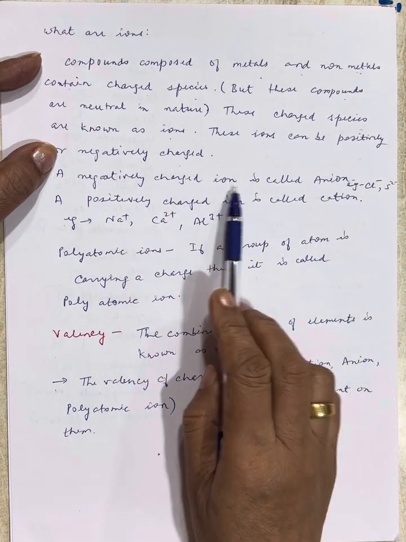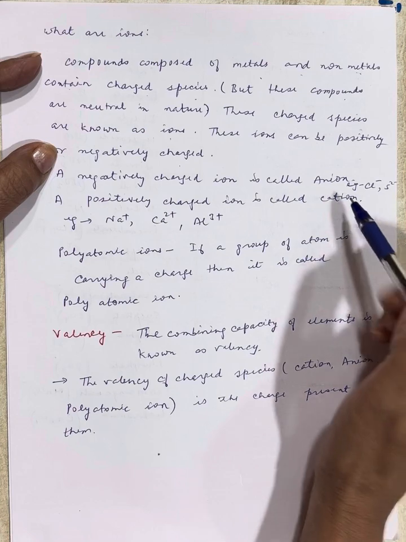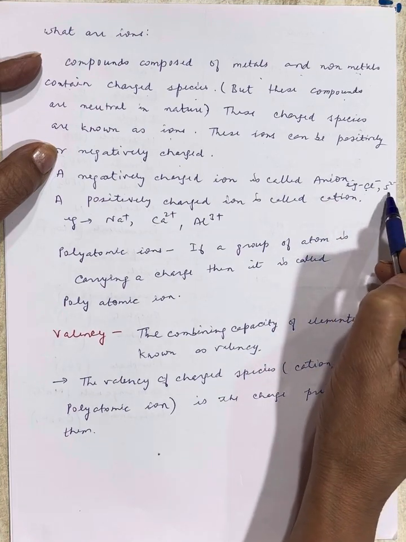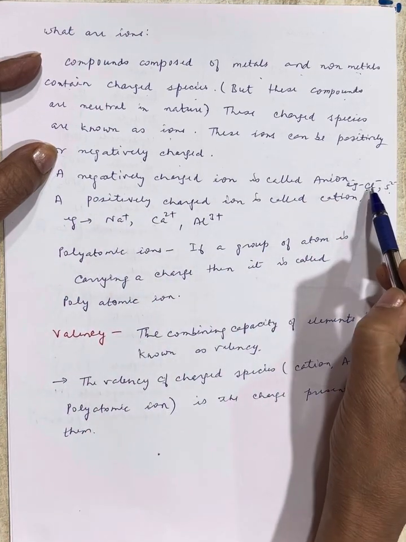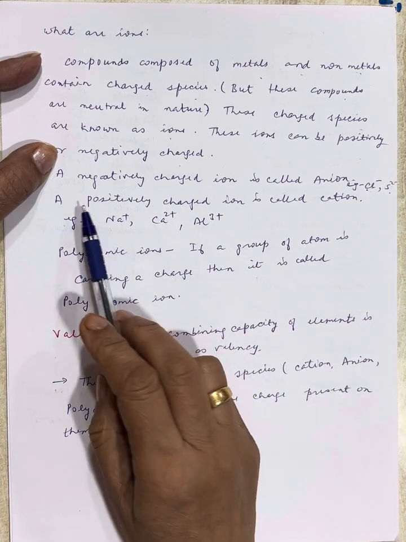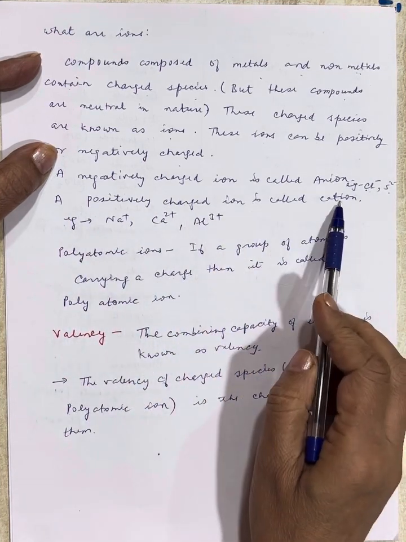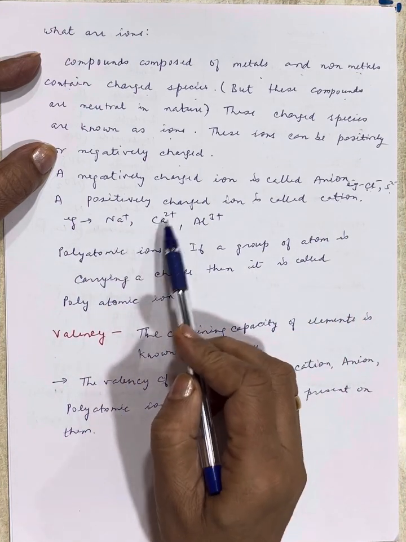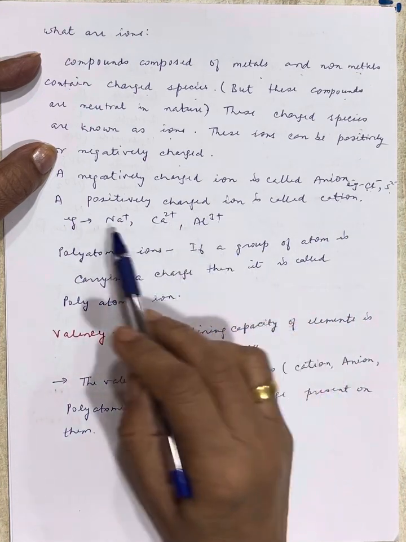A negatively charged ion is called an anion, like Cl minus and S2 minus, and they carry a particular charge depending upon their atomic number. A positively charged ion is called a cation, like Na plus, Ca2 plus and Al3 plus.